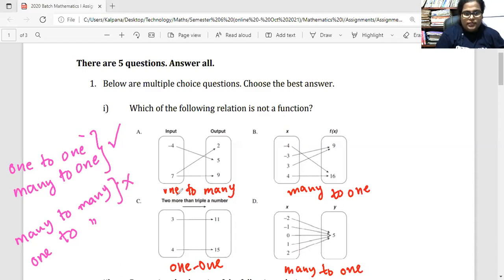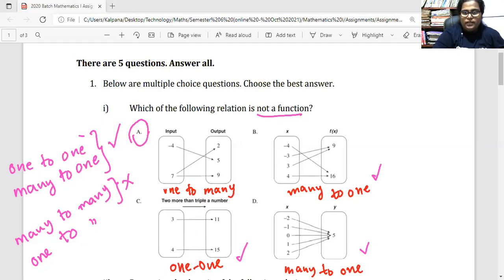So here you have to choose which of these relations is not a function. So you have to check whether there are any many-to-many or one-to-many relations here. So the answer for this one is A, because it is a one-to-many relation. It is not a function, right? Here many-to-one is a function, one-to-one also a function, and this one also a function, because there is one-to-one or many-to-one in these 3 B, C, D answers, right? So the answer for the first one is A.